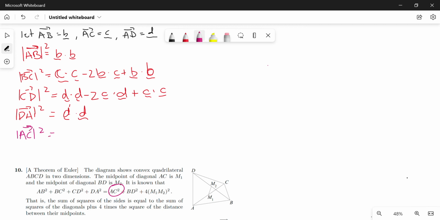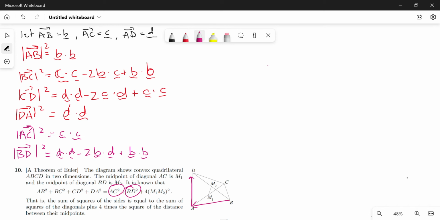AC we know is C, so that's our nice easy one, C dot C. BD squared is the next one we need. Now B to D, we could go B to A and then A to D. So that's minus B plus D, or D minus B. So D minus B dotted with D minus B would be D dot D, and the B's, and B dot B. Okay, so we've got that one as well.